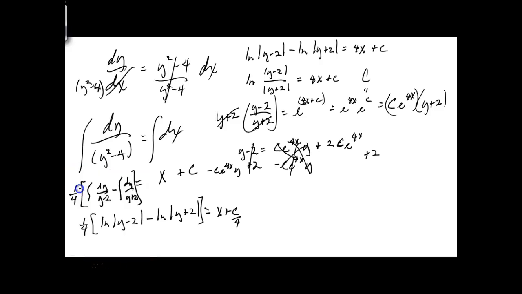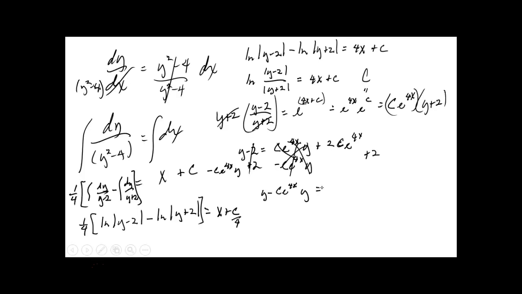Now this has gotten sort of messy. So here we have y minus C e to the 4x y is equal to, this is such a pain in the neck, 2 times C e to the 4x plus 1.